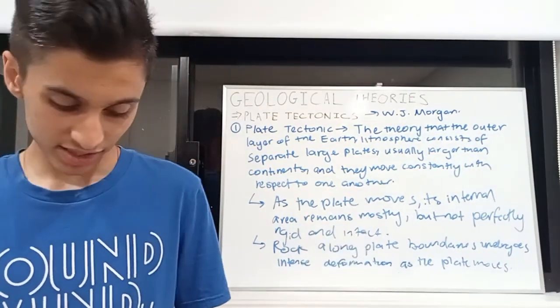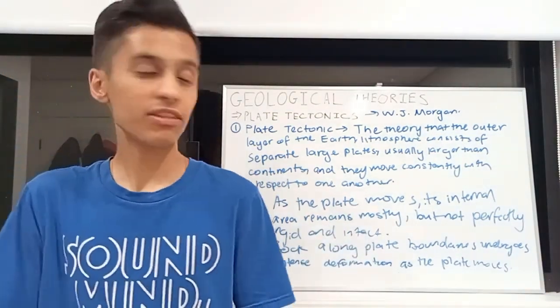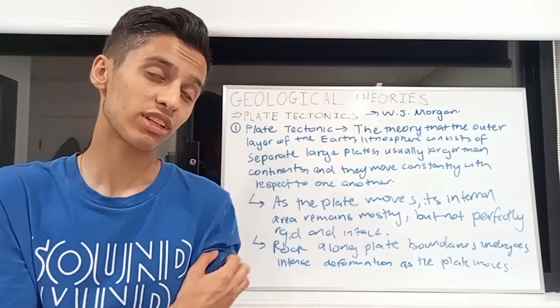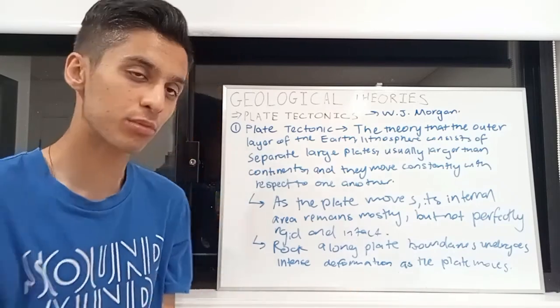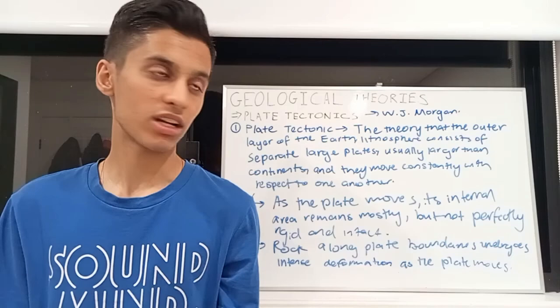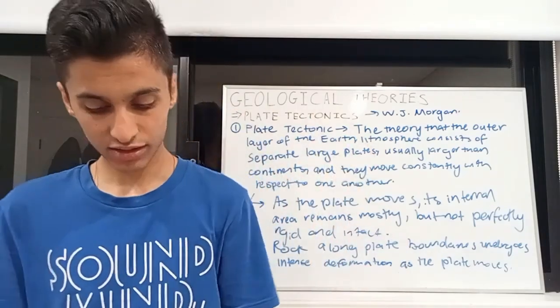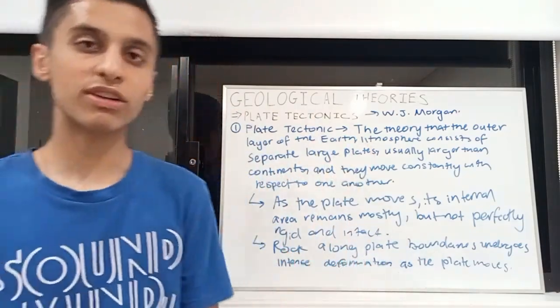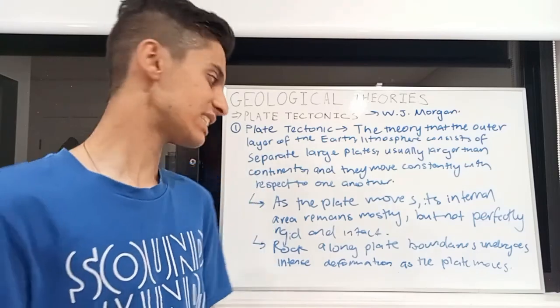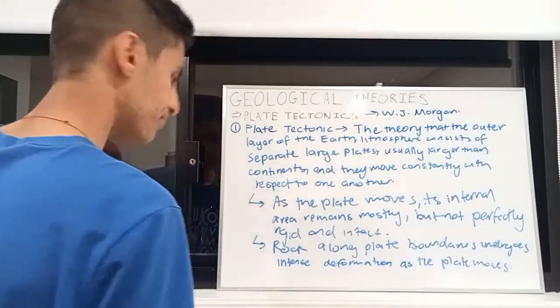So this is basically the key definition for plate tectonic theory, and then we've also got the two main points that we need to remember when it comes to this theory, because these two are usually what create the explanation questions in tests, so it's good to know them.